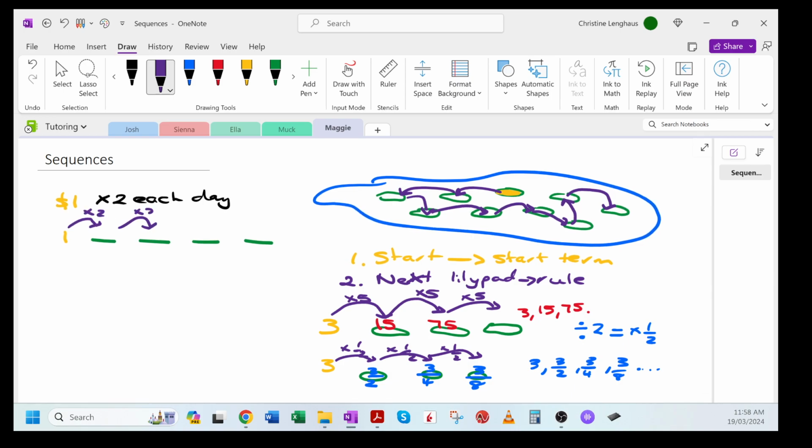So to get to the next term, I'm going to call this T0, T1, T2, T3, T4. So that on the 4th day, my value will be 1 times 2 is 2, 2 2s are 4, 4 2s are 8. After 4 days, it will be $16.